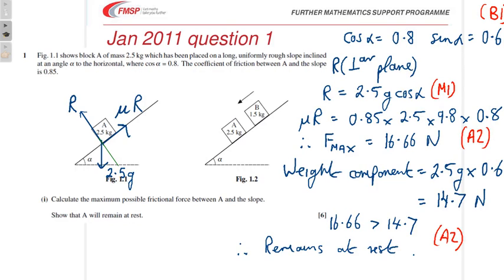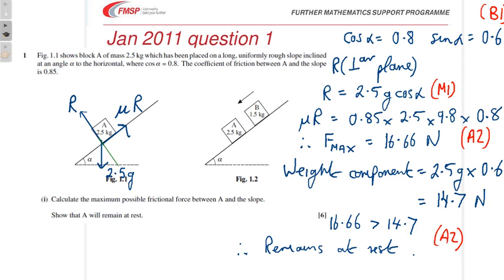For the first part, we've got to find the maximum possible frictional force. Recall that the maximum frictional force is equal to mu times R, where R is the normal reaction. This is an object of mass 2.5 at rest on a slope, so we can easily find the normal reaction, and that's what I've done at the top here.